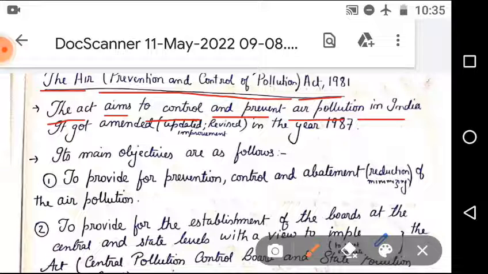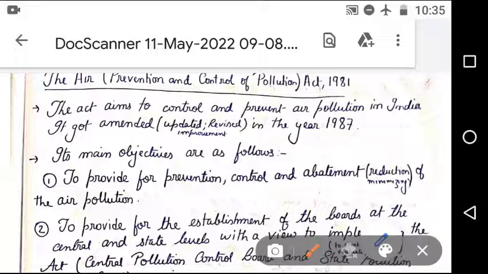It got amended, meaning some modifications have been made. Modification, or you can say revised, or improved. So it got amended in the year 1987. Some modifications were made in this Air Act in 1987.